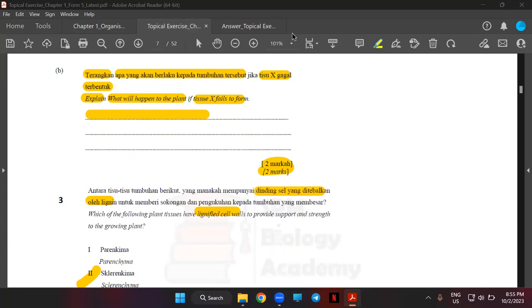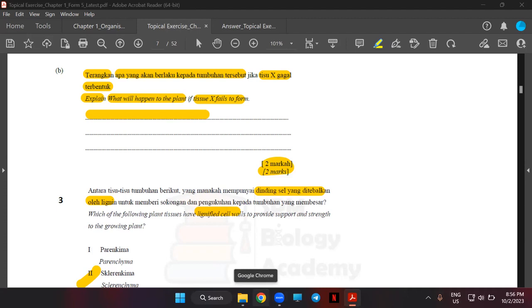Punirdan, vascular cambium will not be able to divide. We don't write that because soalan kata apa? Tissue X gagal terbentuk. Tissue X fail to form. Maknanya dia langsung tidak terbentuk. Jadi bila langsung tidak terbentuk, we don't write vascular cambium will not be able to divide. We don't write like that because vascular cambium is not there.